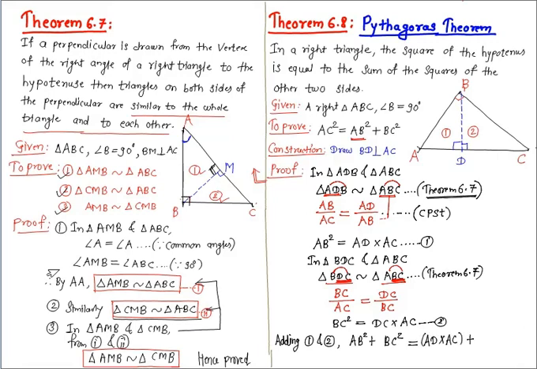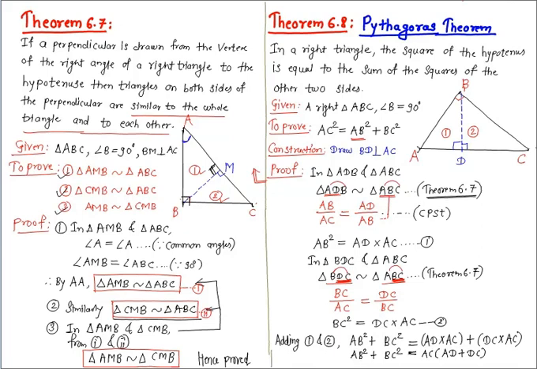Right hand side will be AD into AC plus DC into AC. Now if you compare this with the to prove part, we have got the right hand side, but we are yet to get the left hand side AC square. So let's try to get AC square from this. AC is common here. So let's take AC common. What is left? AD plus DC. And let's write left hand side same, AB square plus BC square.